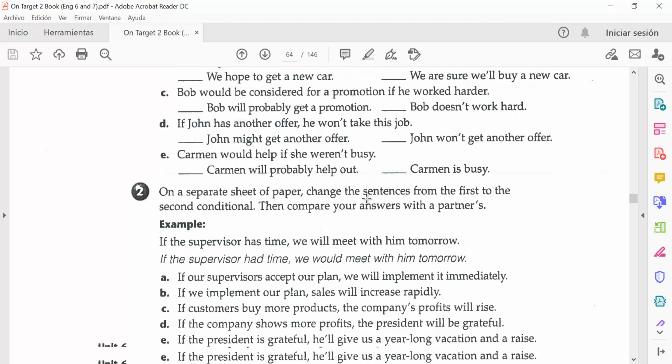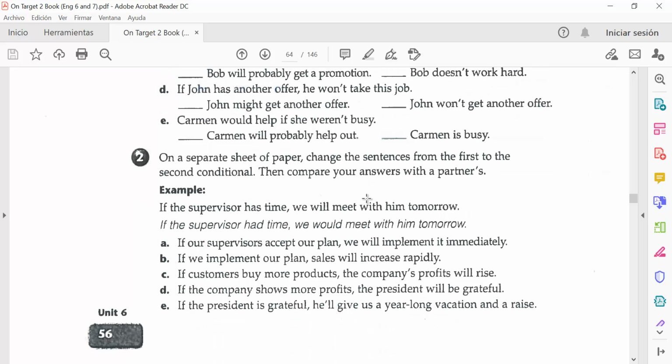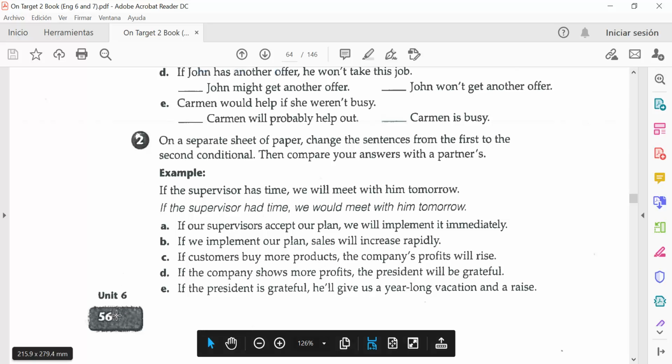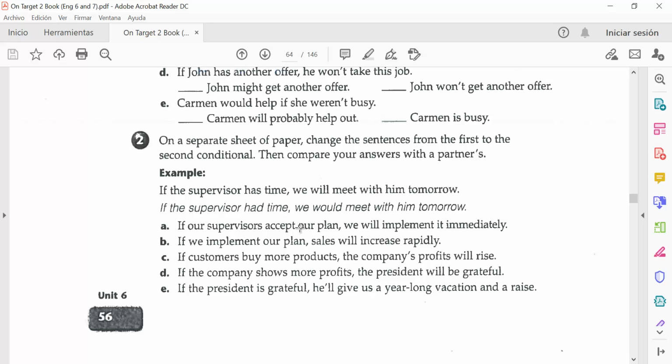Then, the homework that I'm going to leave you in the platform is just to change the sentences here, page 56. You will have to change the sentences, okay, from the first conditional to the second conditional. Very easy. The sentences that you have here are already in the first conditional. So what you have to do is change those first conditional sentences to second conditional sentences.